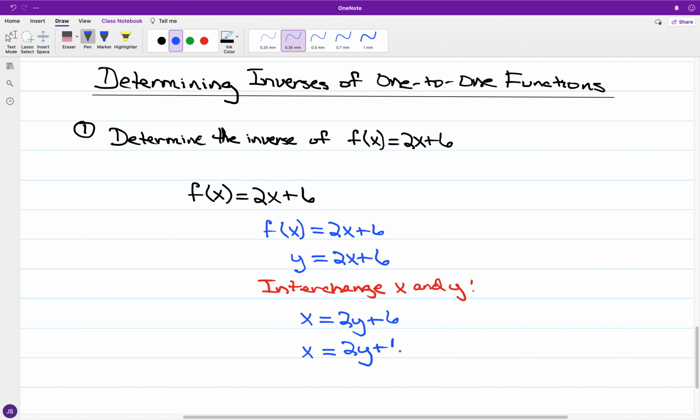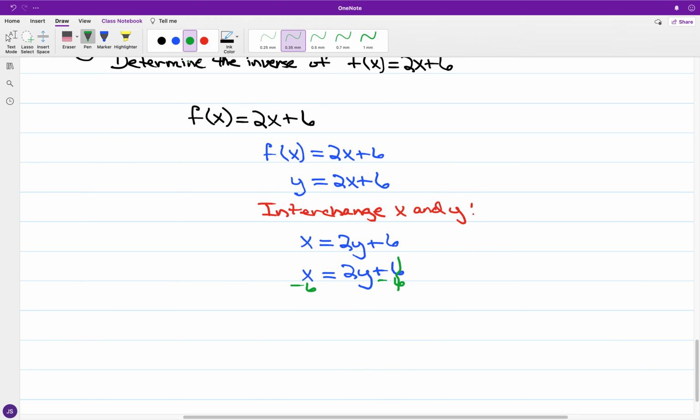And if I get the y term by itself, I'm going to take 6 away from both sides of the equation. So we're going to have x minus 6 is equal to 2y. And dividing by 2, you have x minus 6 over 2 is equal to y.